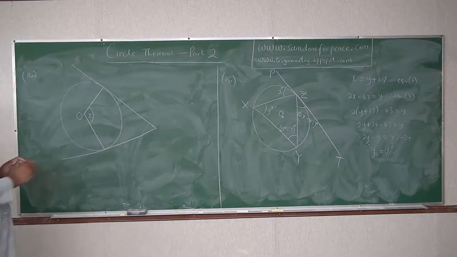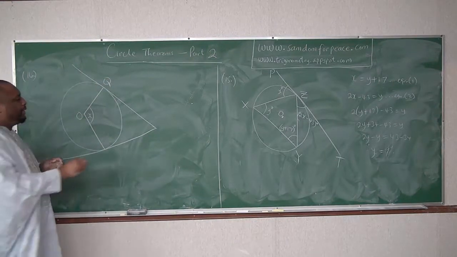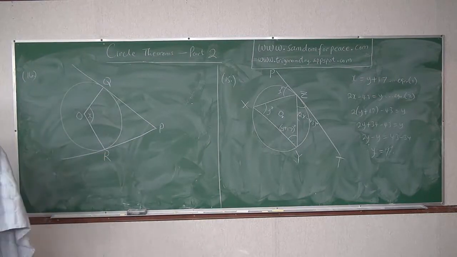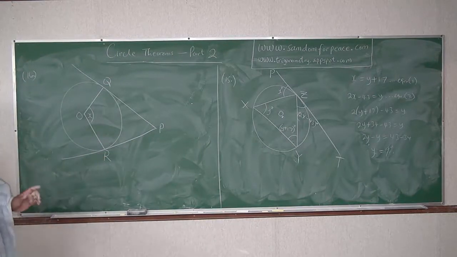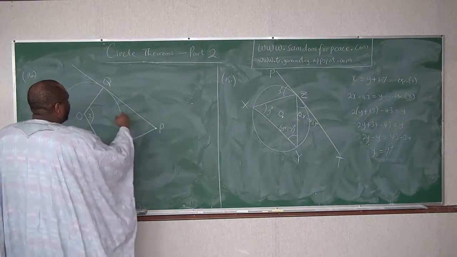We have Q, P, and R. It says here PQ and PR are tangents from P to a circle center O. These are tangents drawn from the same external point.